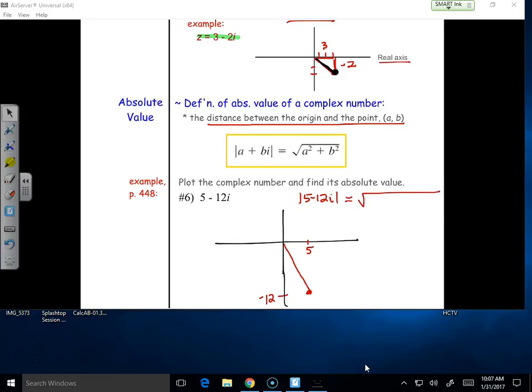Okay, go ahead. Start again. What would it be? 5 squared plus? Ends up being, anybody know? So 5, 12, 13. Good. 25 plus 144 is 169, and the square root of 169 is?